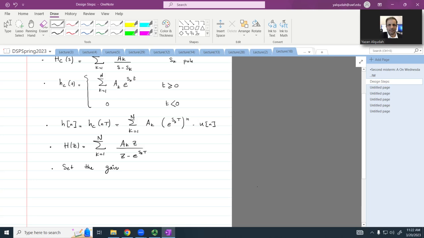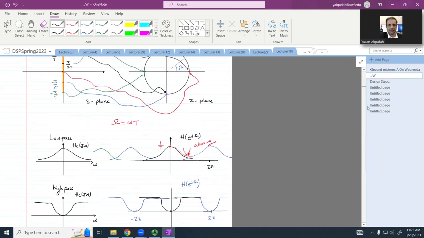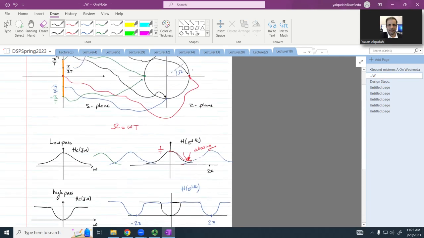If we are using a low pass filter, we set the gain when omega is equal to 0. What does omega equal to 0 correspond to? It corresponds to z equal to 1.